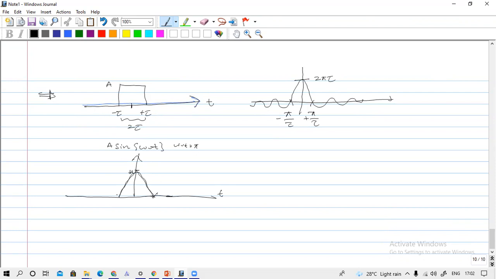So here we have π by omega naught, and here we have minus π by omega naught. So our signal is like this.